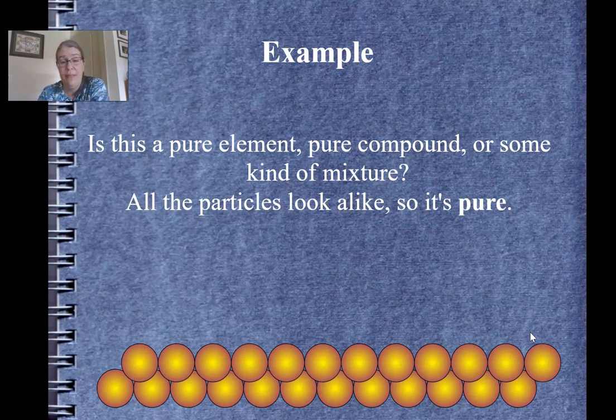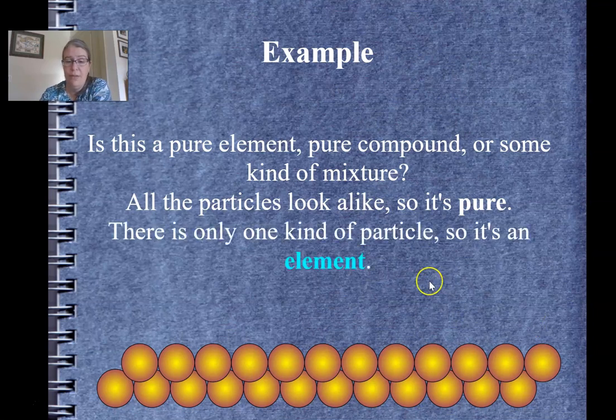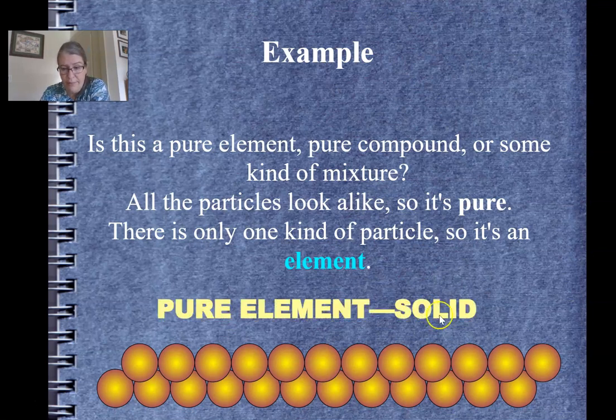And then I have to think about the definitions here. An element is all one kind of atom. A compound has more than one type of atom in a definite composition. It has the same ratio of the atoms over and over and over. So since this is only one kind of particle, this must be the matter map of a solid element.